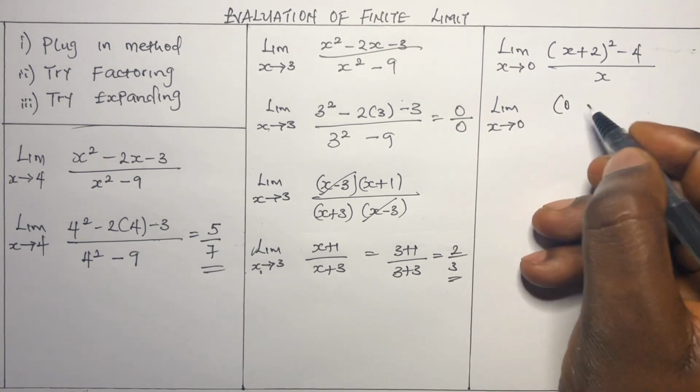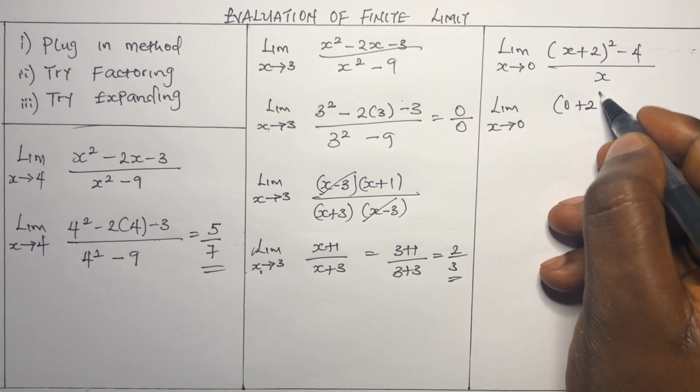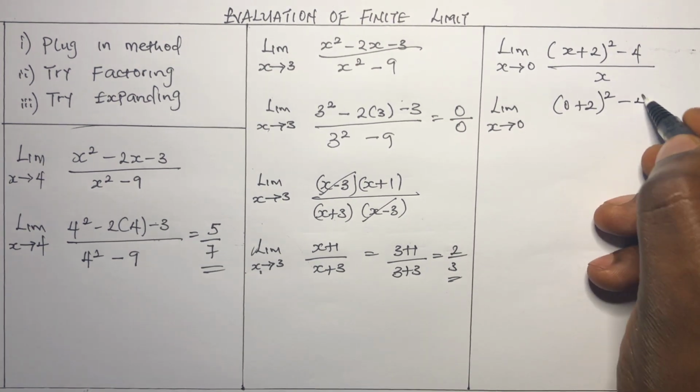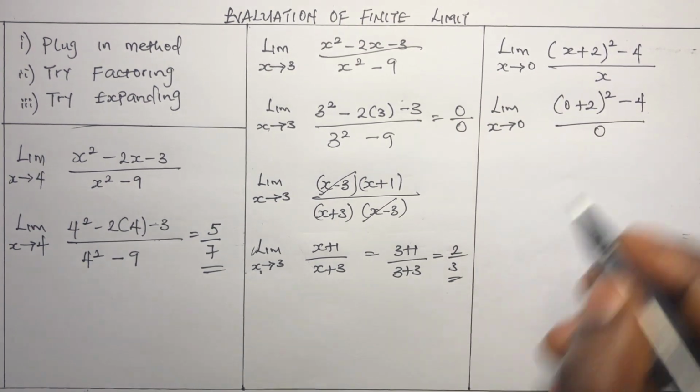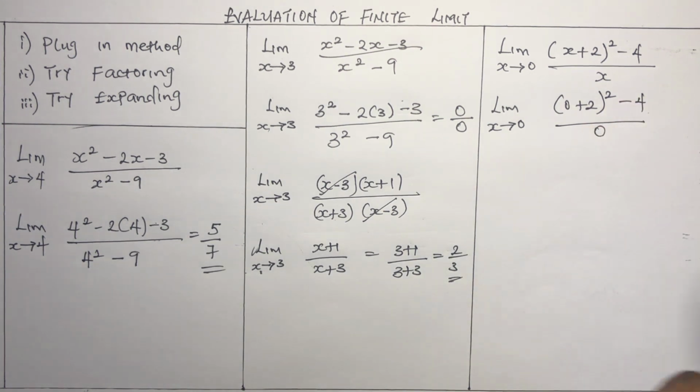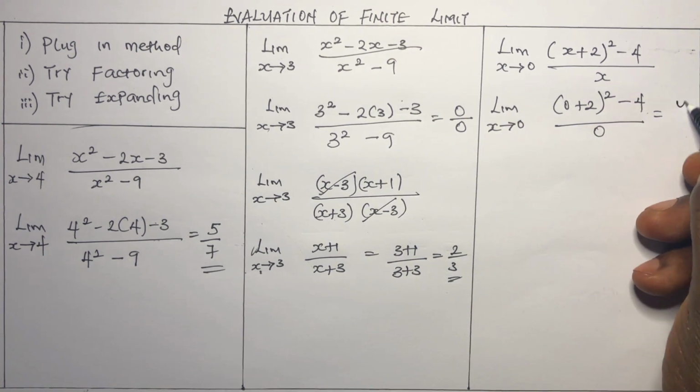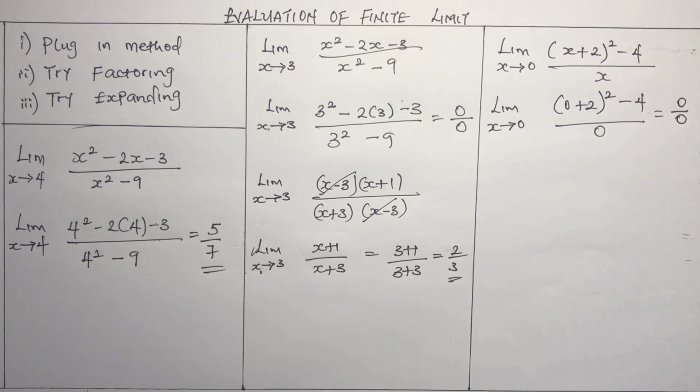So we have (0 plus 2) squared minus 4, all divided by 0. So this squared will give us 4, and basically what we have here is 0 over 0, which does not exist. Right. So what else can we do?